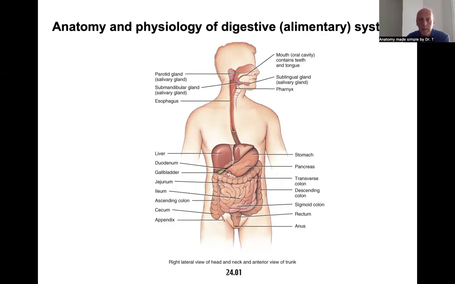Basically, our digestive or alimentary system starts in part of the head, particularly with the oral cavity or mouth. We're going to do anatomy of this part of the body, and we will address structures associated with the oral cavity, such as salivary glands.